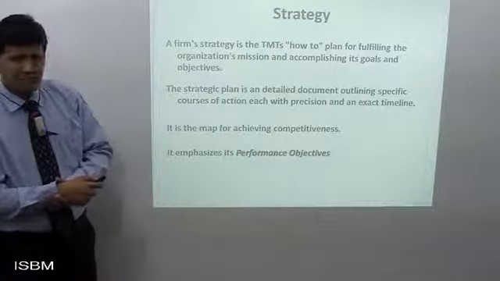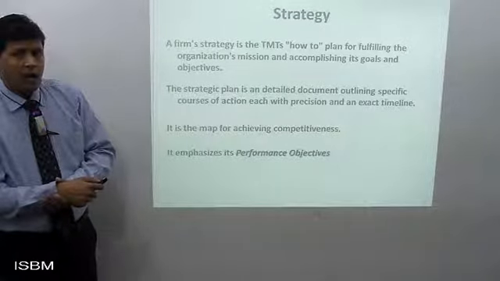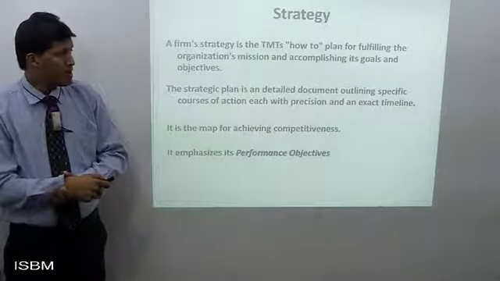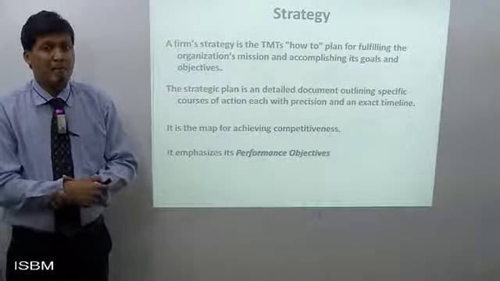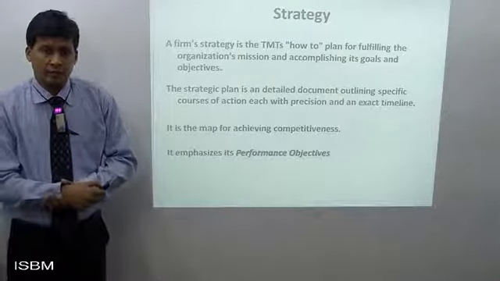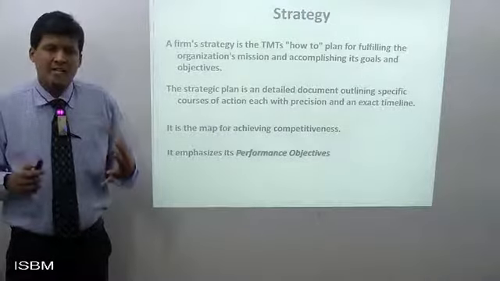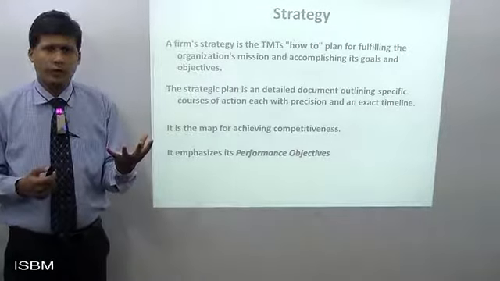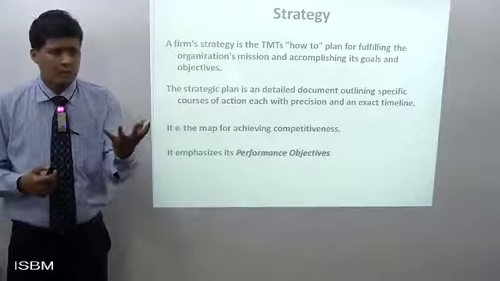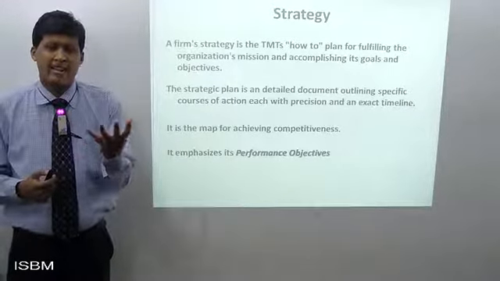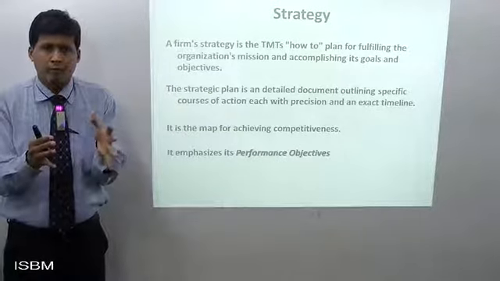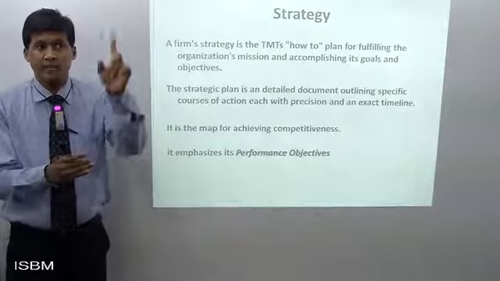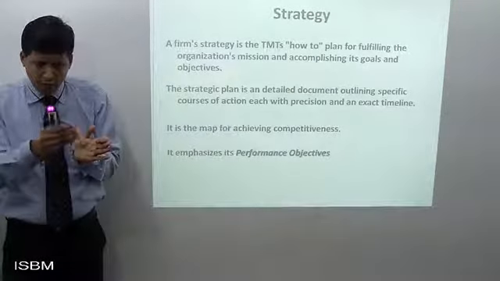So, a firm's strategy is the TMTs: how to plan for fulfilling the organization's mission and accomplish its mission or goals and objectives. What a top management team does, which could involve the team of marketing heads, the strategic heads, the HR heads, is channelize based on what the vision is and what the mission or goals are.